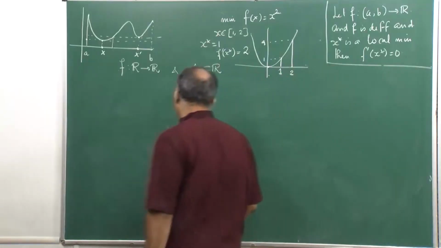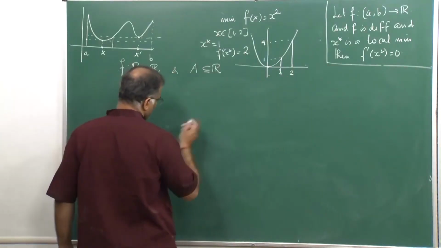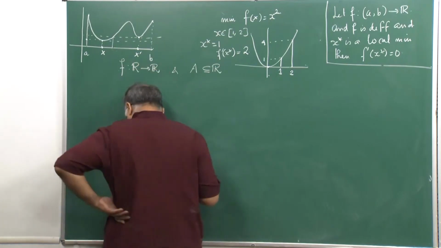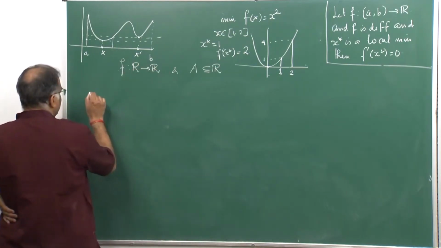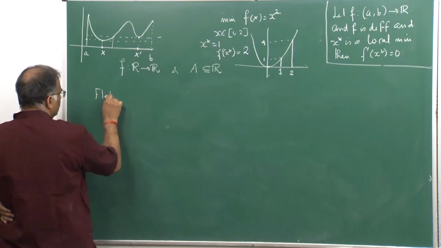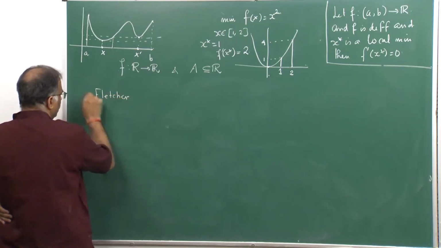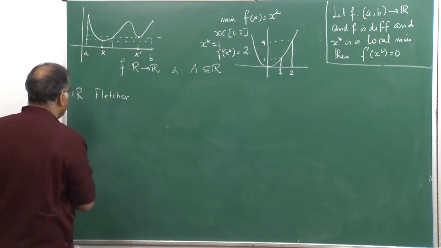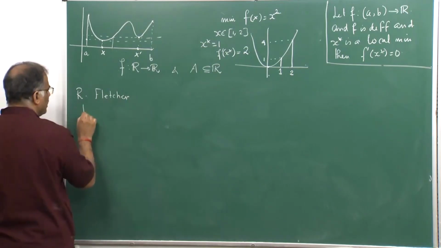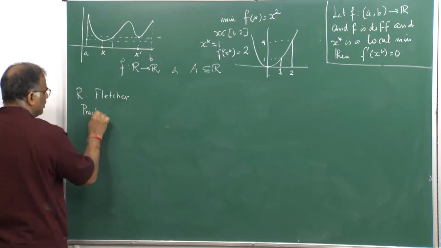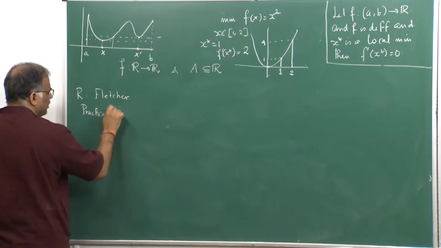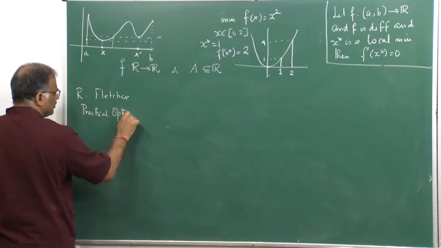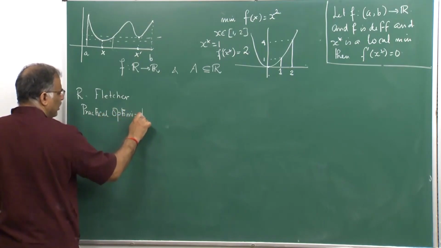This is a very standard result, and this function I have taken from the book of Fletcher. He is one of the most well known, called the Wizard of Optimization. The name of the book is Practical Optimization, published by Wiley.